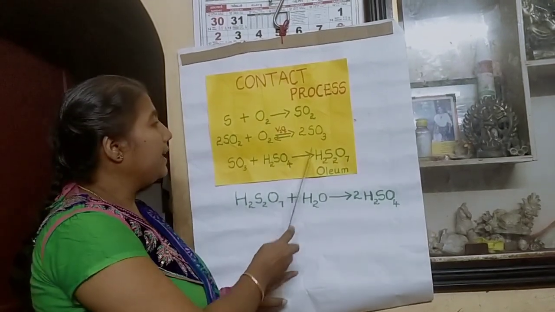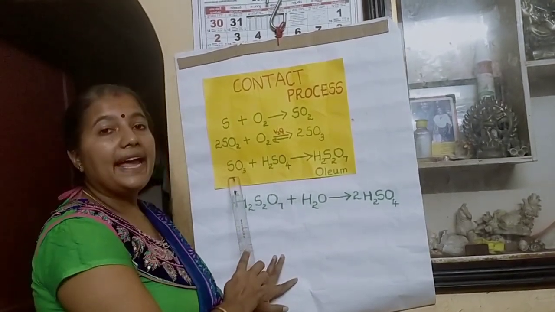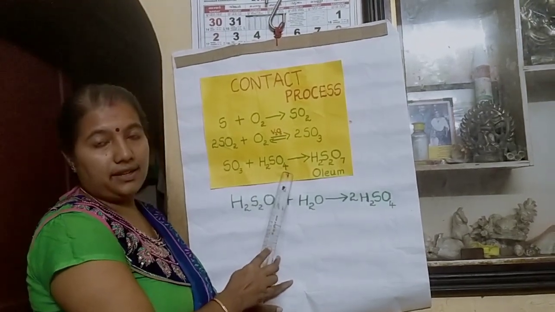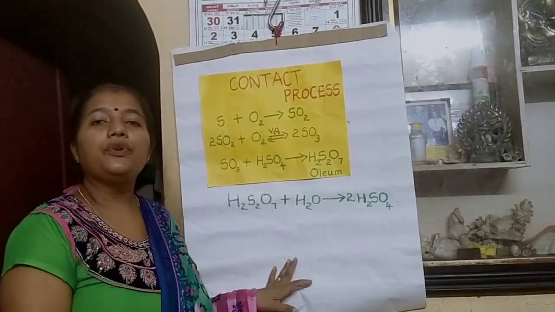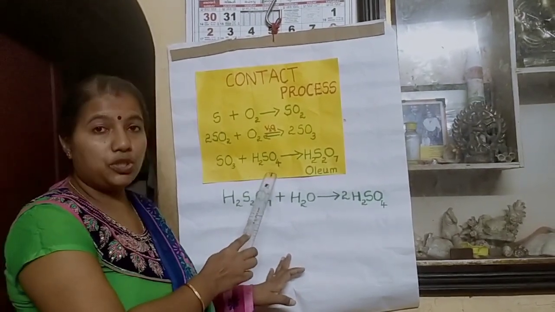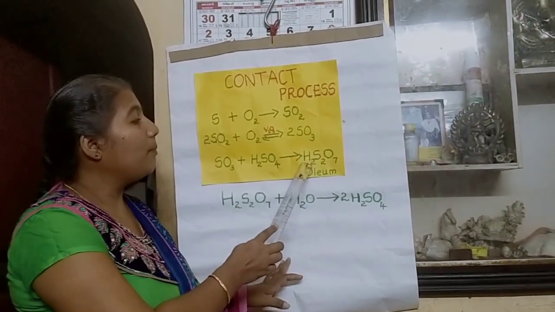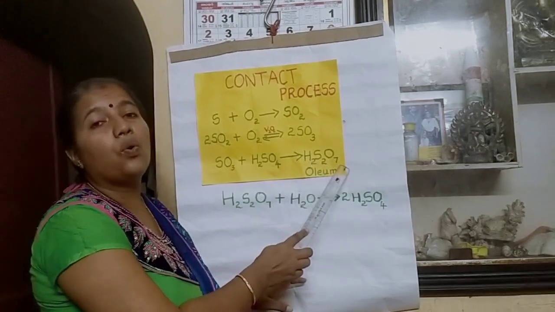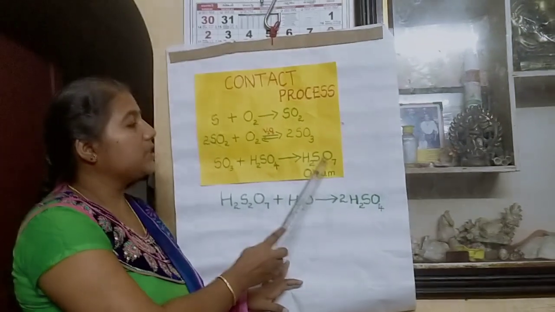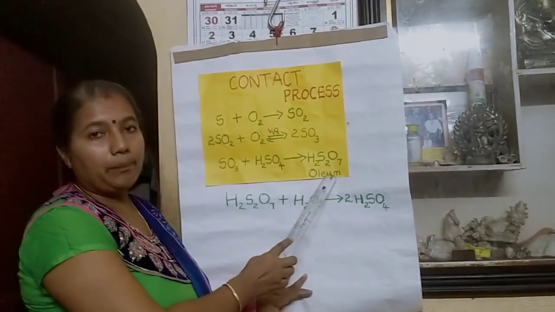Understand? Then the next step is that SO3 reacts with concentrated sulfuric acid. The sulfur trioxide reacts with H2SO4 to form H2S2O7, another important product, oleum.